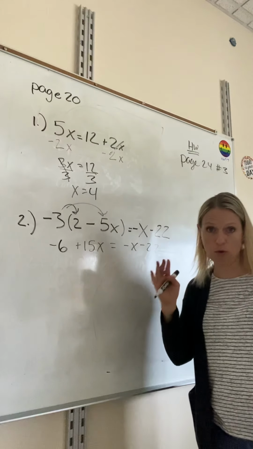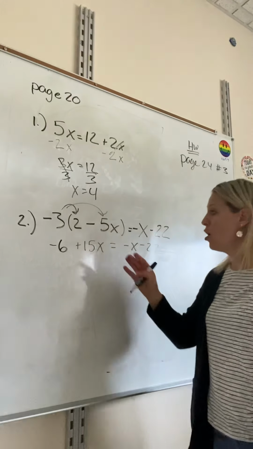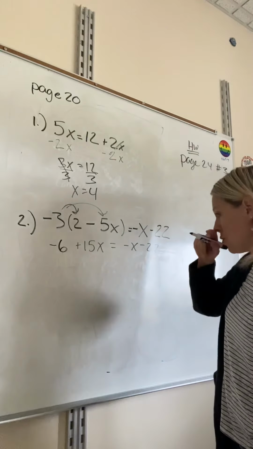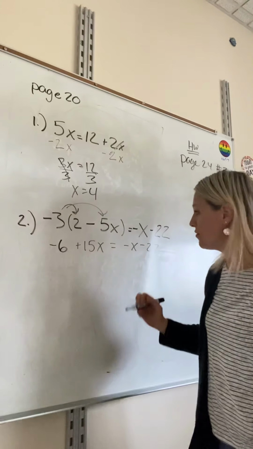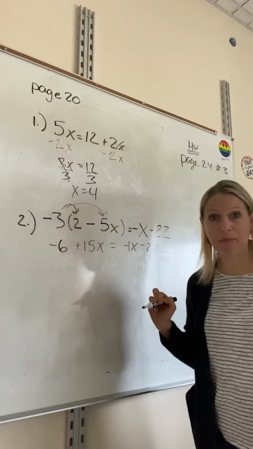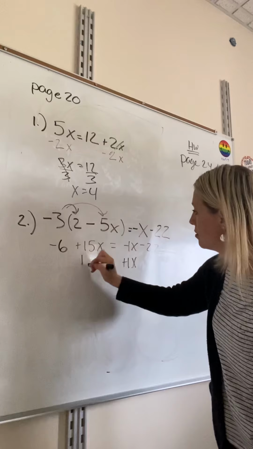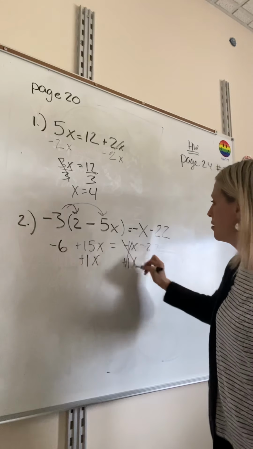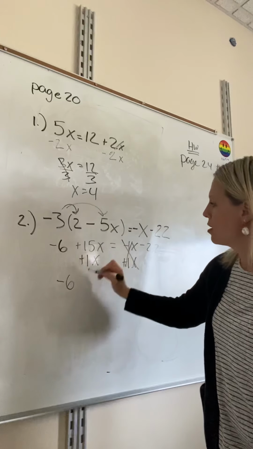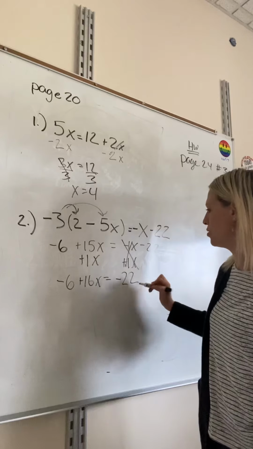So we are on the move section of our process right here. So simplify, move, solve. Do we have variables on both sides? Yes. Which one am I going to move or get rid of? I'm going to take care of this minus 1x by adding 1x to both sides. That would give me -6 plus 16x equals -22.